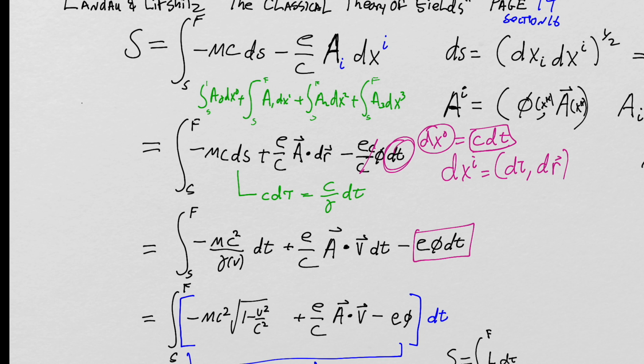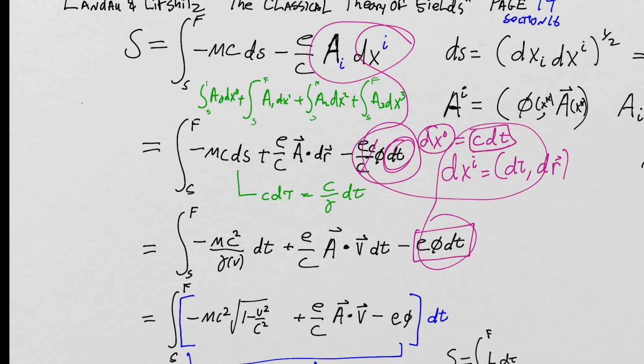So that is how that works. So the time part flows through all of this to here, and the space part flows through this dr.